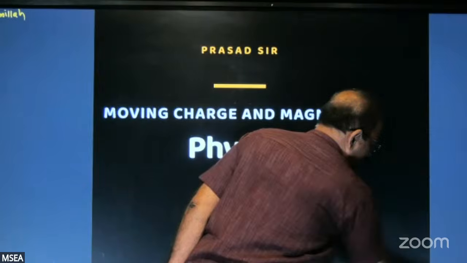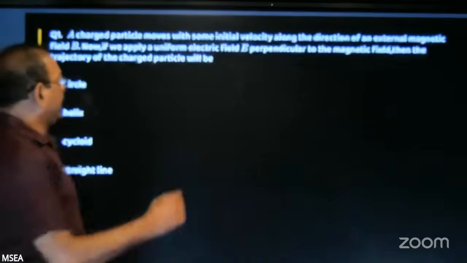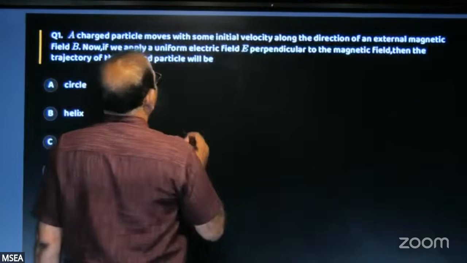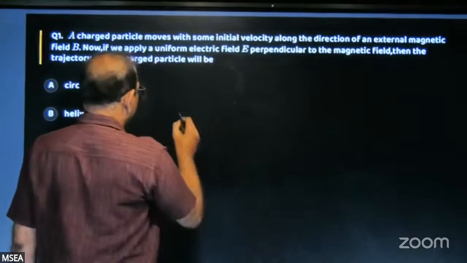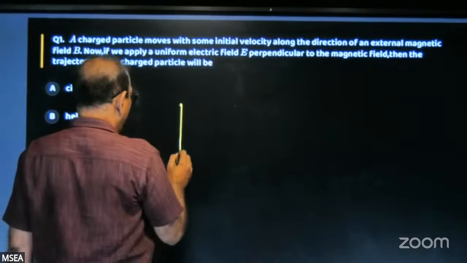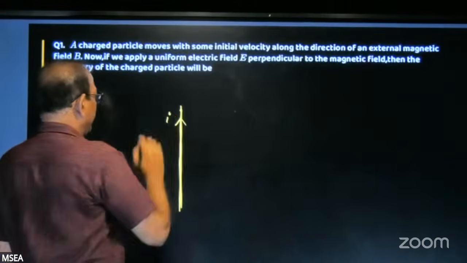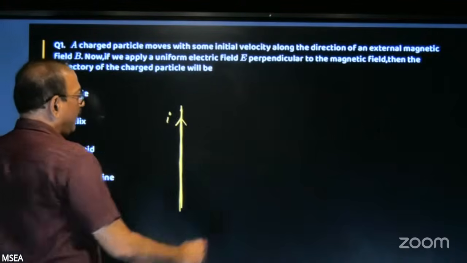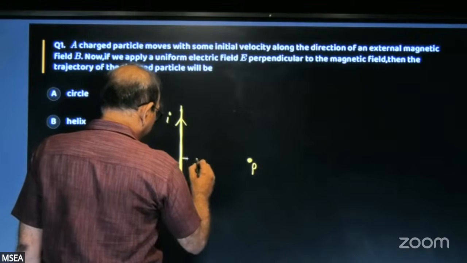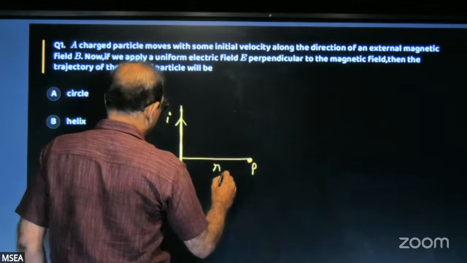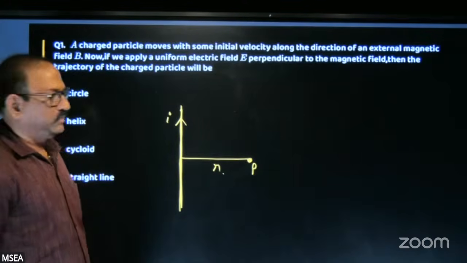Next, here I'll do magnetic induction due to a wire of finite length. Suppose there is a straight wire of finite length carrying a current I. You want magnetic induction at a point P, and that point is at a perpendicular distance R from the straight wire.